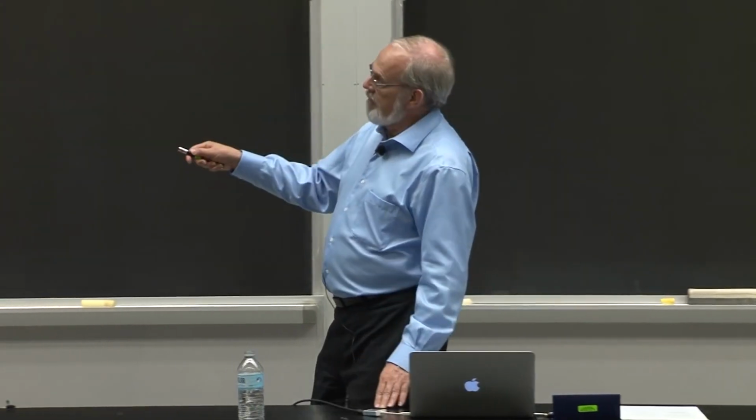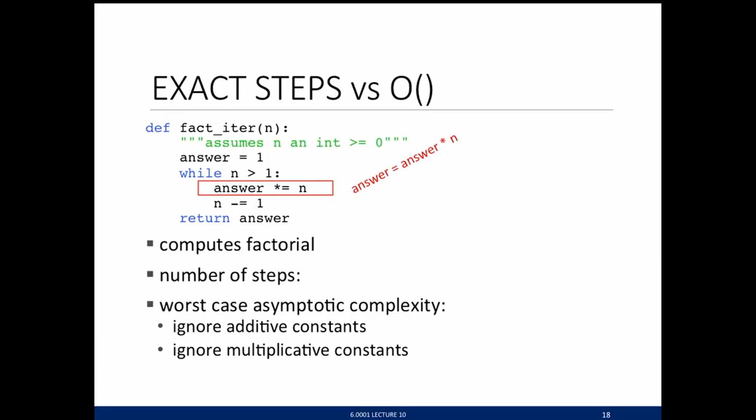And that's, by the way, just to remind you that, in fact, there are 2 steps here. So what do I have? I've got 1 step up there to set answer to 1. I'm going to test n. And then I'm going to do 2 steps here because I've got to multiply answer by n and then set it to answer. And I've similarly got 2 steps there because I'm subtracting 1 from n and then setting it to n.